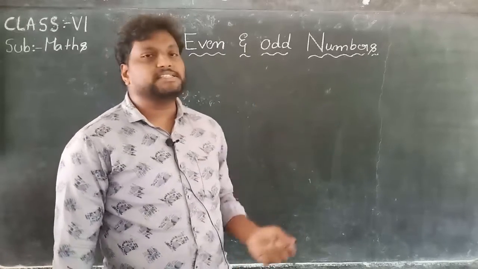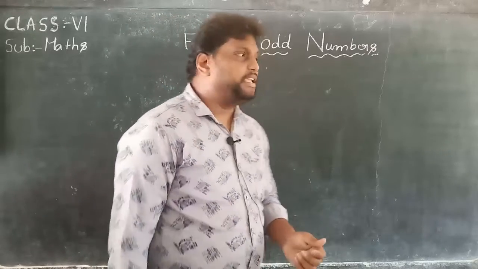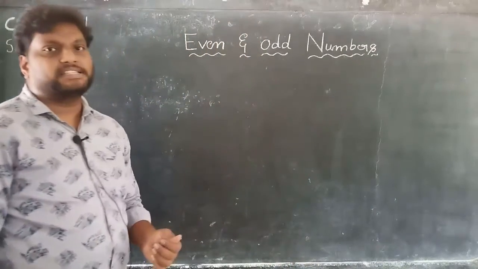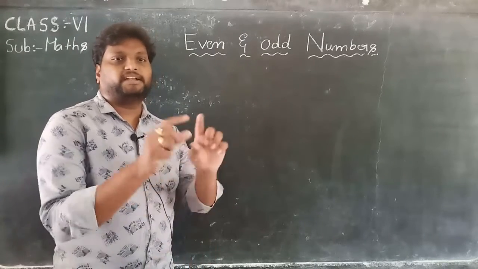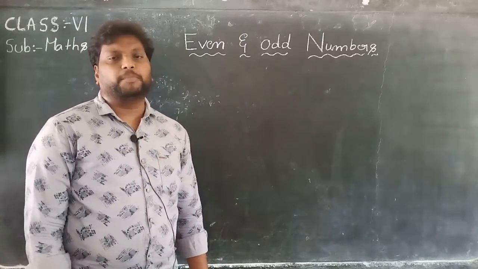Today we will discuss even and odd numbers. Consider the table we already discussed, where we separated the multiples of 2, multiples of 3, and so on.